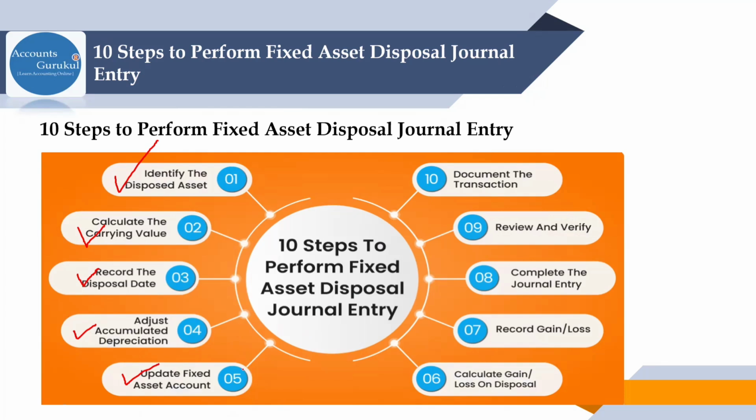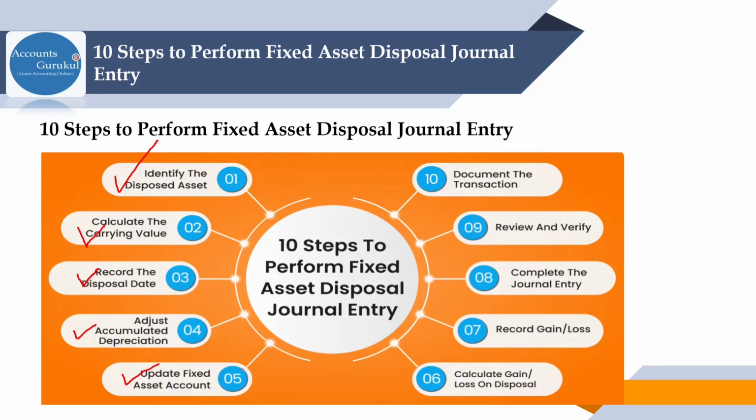What's the sale value of that asset? What's the disposal value of that asset? The example we have considered here is that 1 lakh is my gross block, 50,000 is the charged depreciation, so my WDV is 50,000.